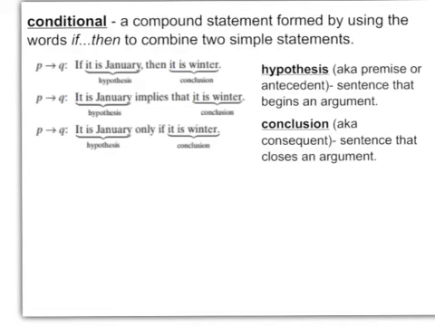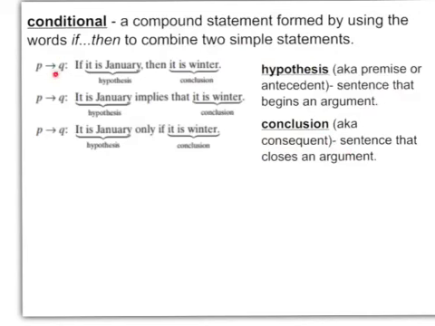So that brings us now to conditional. A conditional is a compound statement formed by using the words if, then, or sometimes a variation of that, to combine 2 simple statements. The part that follows if is called the hypothesis. It's the premise or the antecedent. It's the sentence that begins an argument. And the conclusion or the consequent is the sentence that closes an argument.